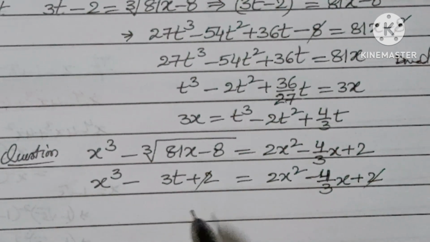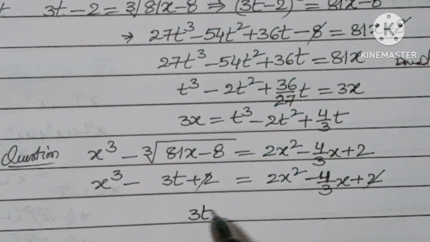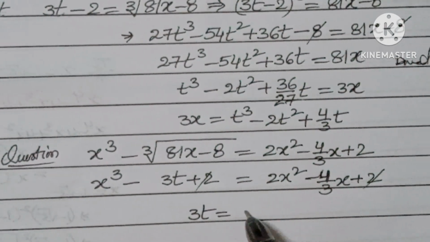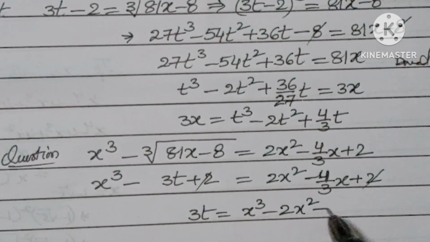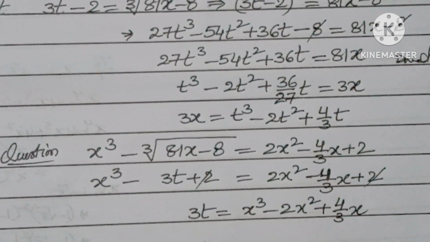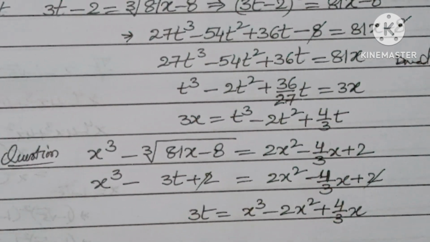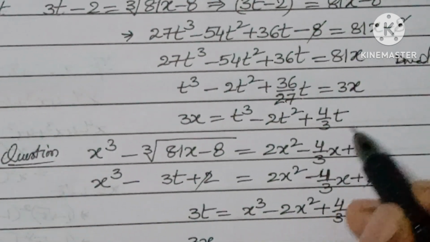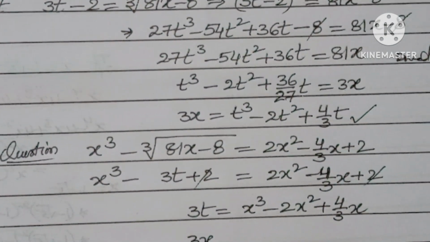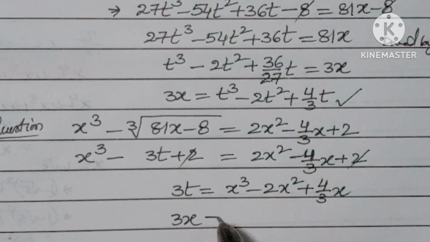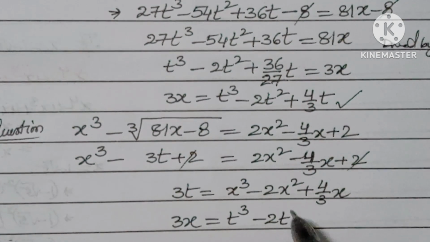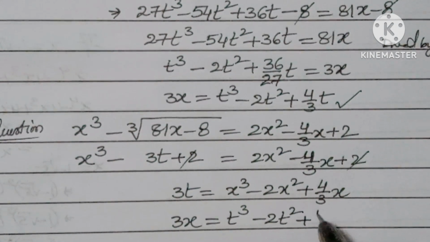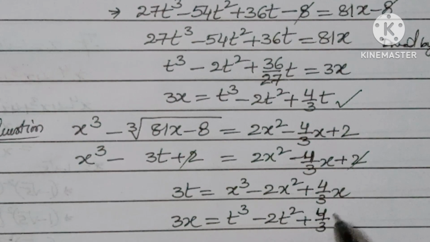The 2 gets cancelled, so 3t is equal to x cube minus 2x square plus 4 by 3x. In the same way, 3x is equal to t cube minus 2t square plus 4 by 3t.